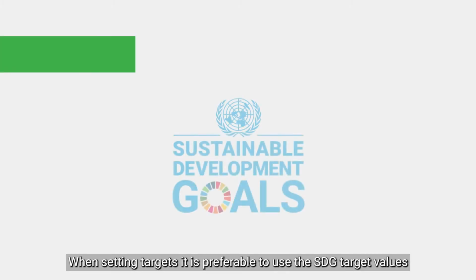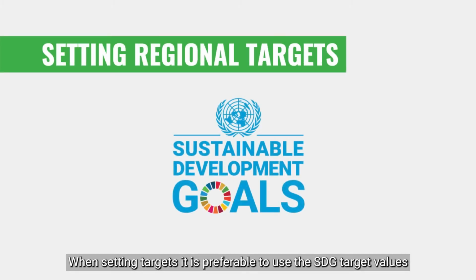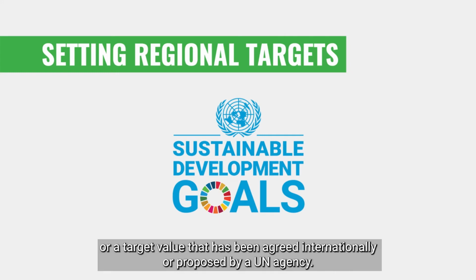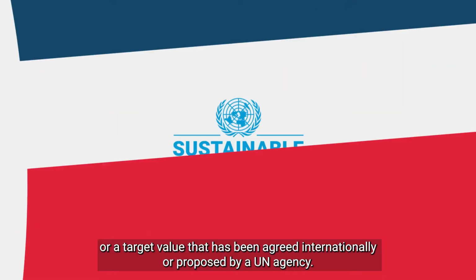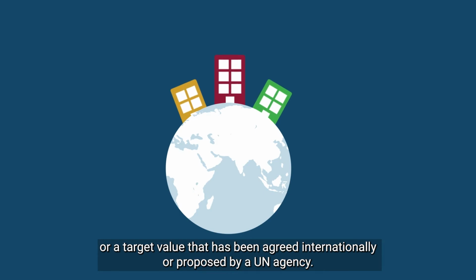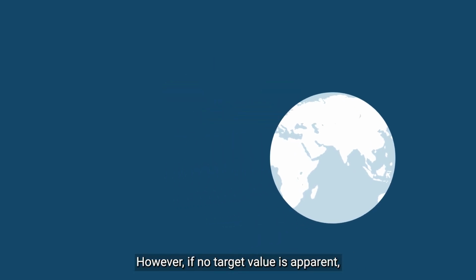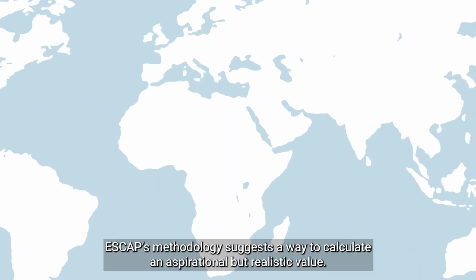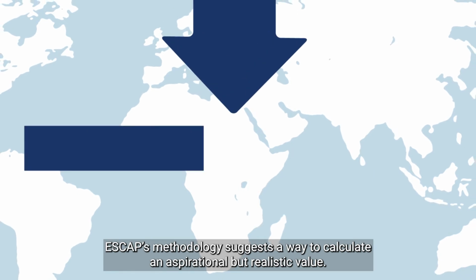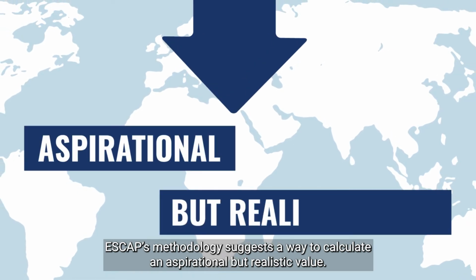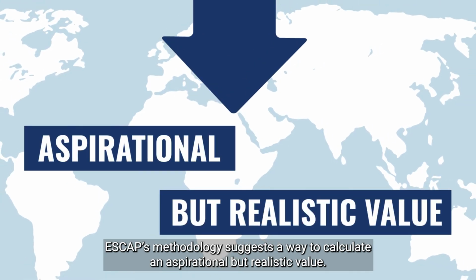When setting targets, it is preferable to use the SDG target values or a target value that has been agreed internationally or proposed by a UN agency. However, if no target value is apparent, ESCAP's methodology suggests a way to calculate an aspirational but realistic value.